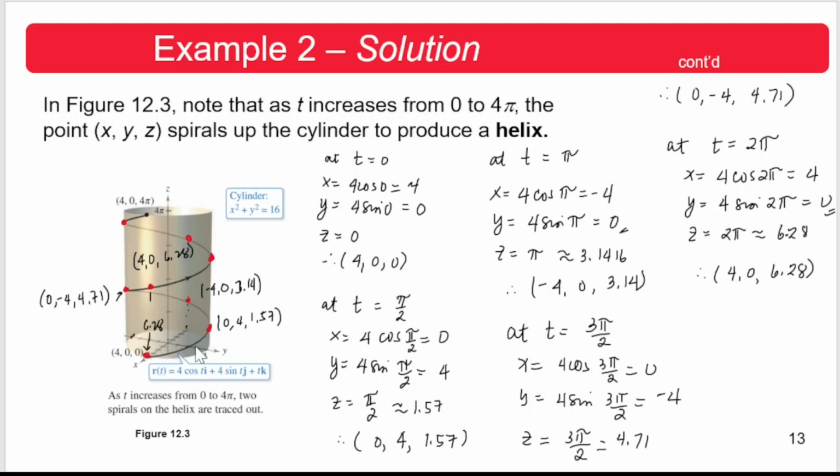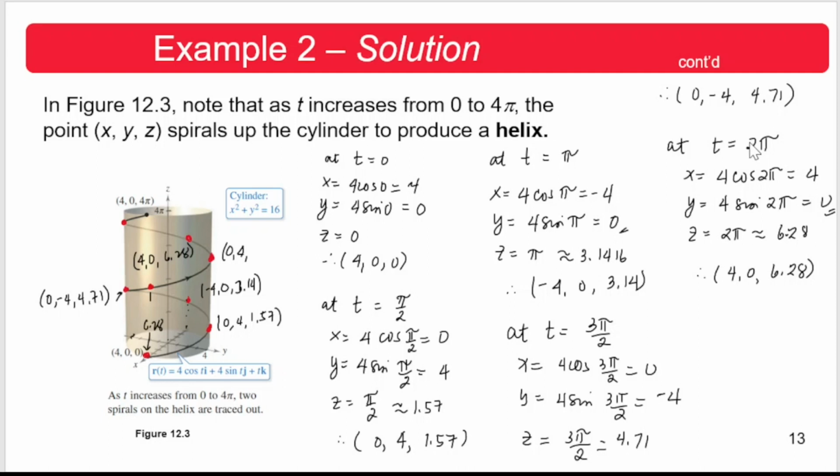Next is 2 pi plus pi over 2, so this is 5 pi over 2. At 5 pi over 2, get the x-coordinate, the y-coordinate, and the z-coordinate to get the coordinate of this point. But obviously, the x-coordinate is 0. The y-coordinate is 4 units. So you have to find the value of z, where z is t, where t is 5 pi over 2.